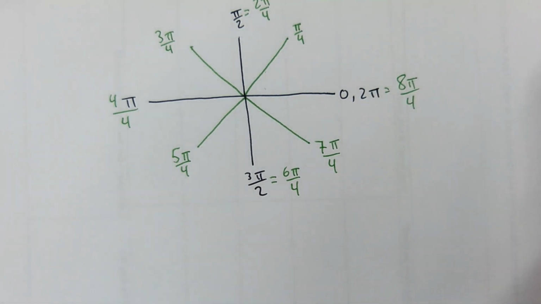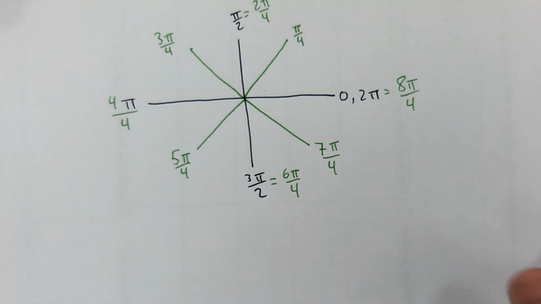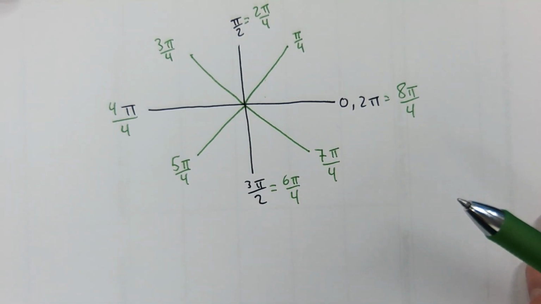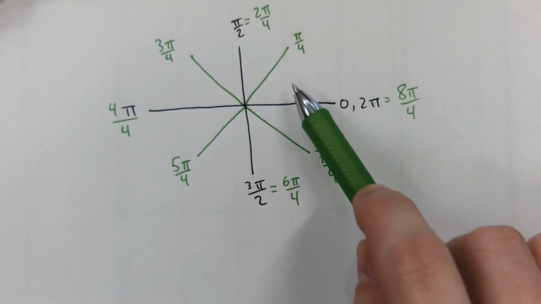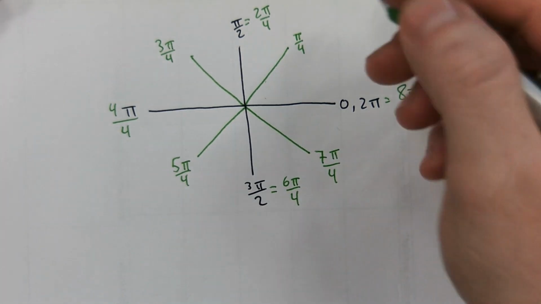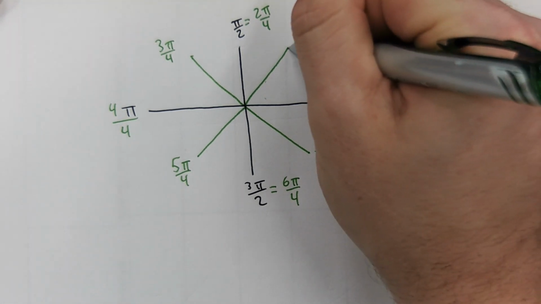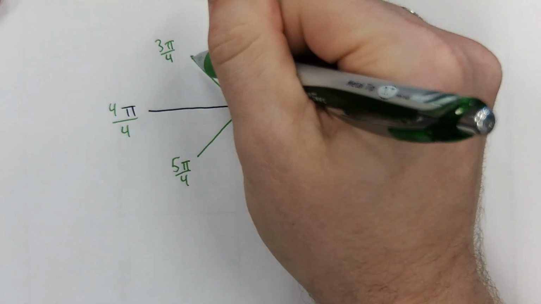Now I could continue going around, 9 pi over 4, 10 pi over 4, 11 pi over 4, 12 pi over 4, so on and so forth. But that's a little bit of an advanced topic that we'll get to here in a little bit. What I wanted to point out with these subdivisions that I've drawn is that I can create right triangles by dropping lines straight down.